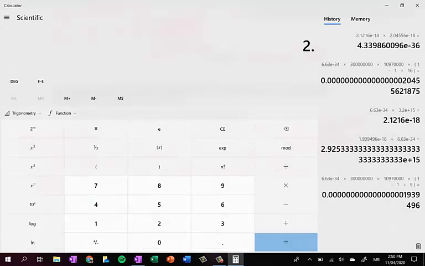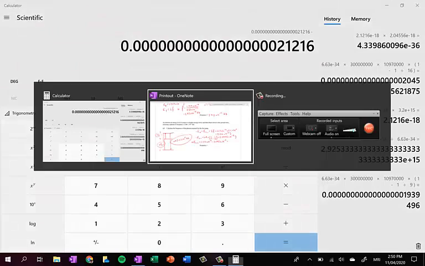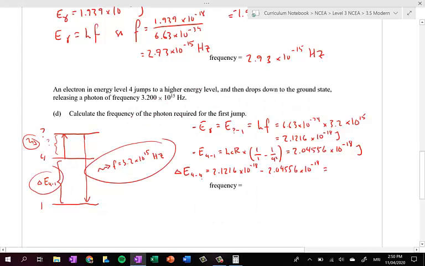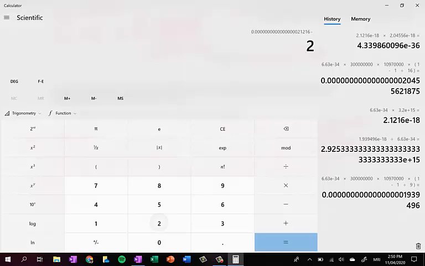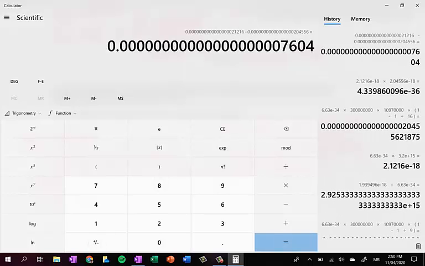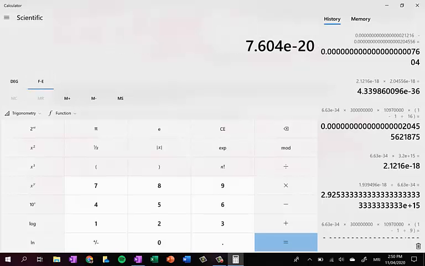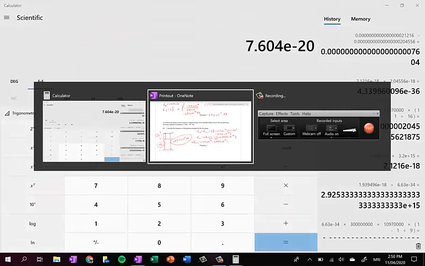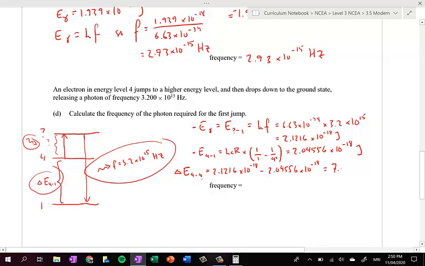2.1216 minus 2.04556, times 10 to the negative 18, gives us, in scientific notation, 7.604 times 10 to the negative 20 joules.